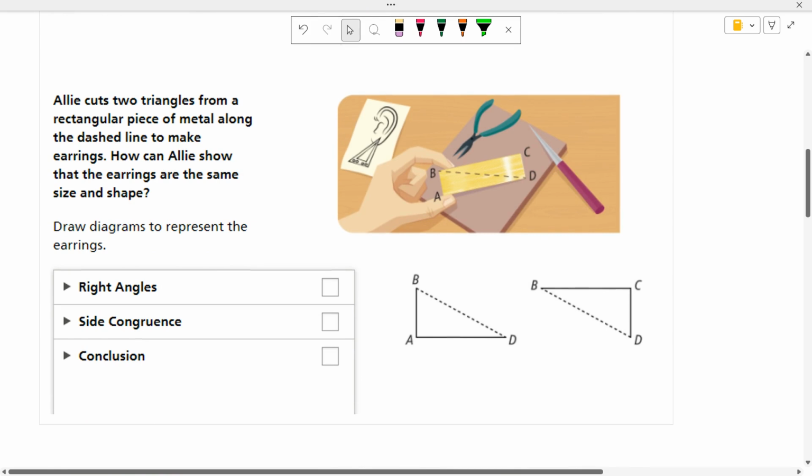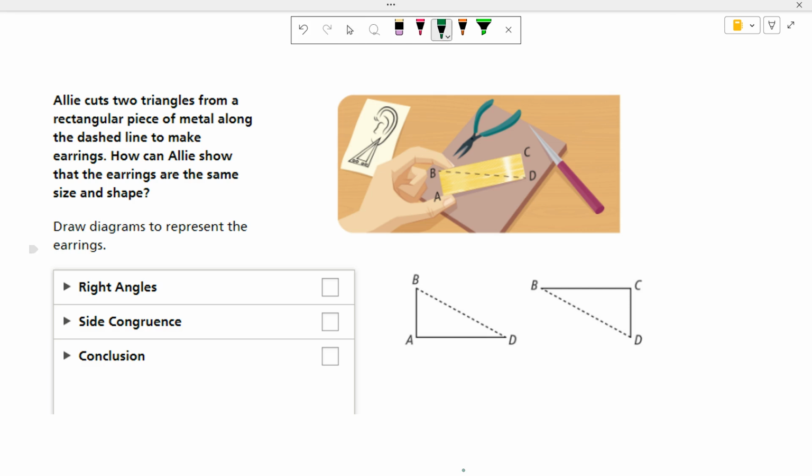All right. So Allie cut two triangles from a rectangular piece of metal along a dashed line to make earrings. Are the earrings the same size and shape? Well, if it's a true rectangle, we know side AB is congruent to side CD.